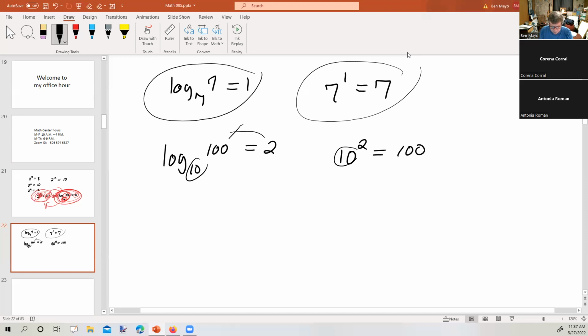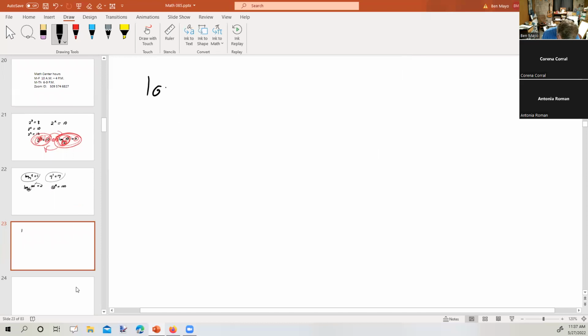We doing okay so far? All right. Well, I'll continue then. Log base 6 of 1/36 equals -2. The exponential equation equivalent: 6 to the -2 power equals 1/36.